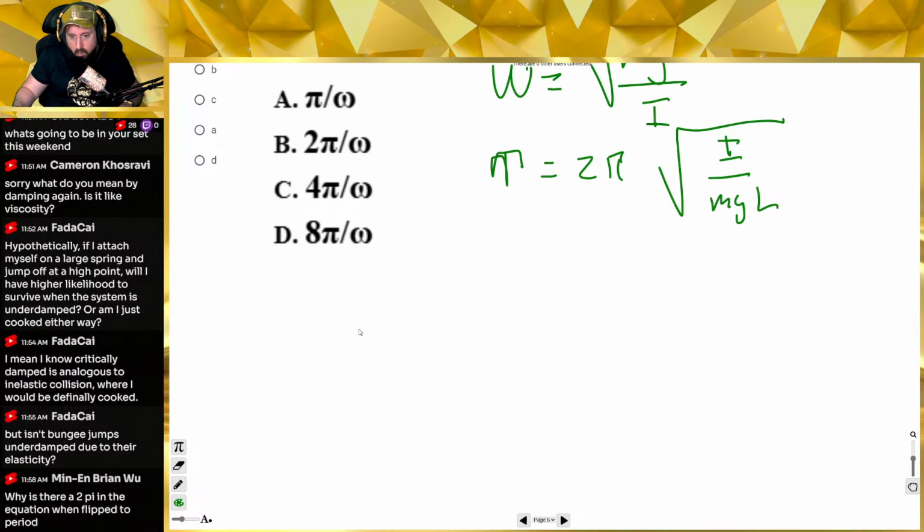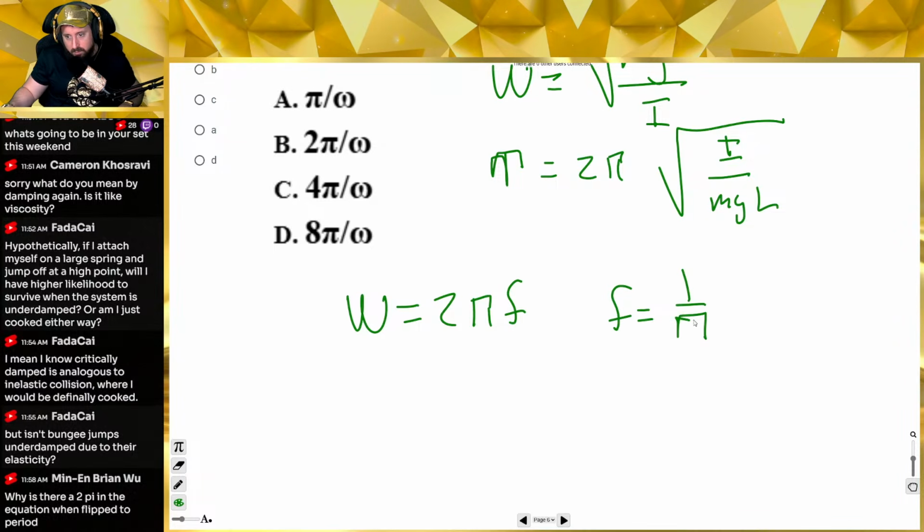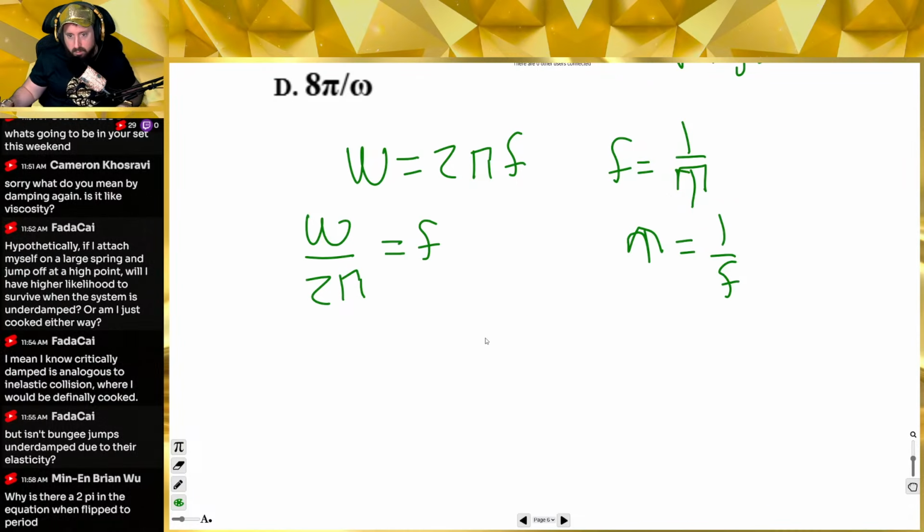So omega is equal to 2 pi f, and f is equal to 1 over period, so period is equal to 1 over f. Here we would get that omega over 2 pi is equal to f. And then 2 pi over omega is equal to period, if we were to flip it.